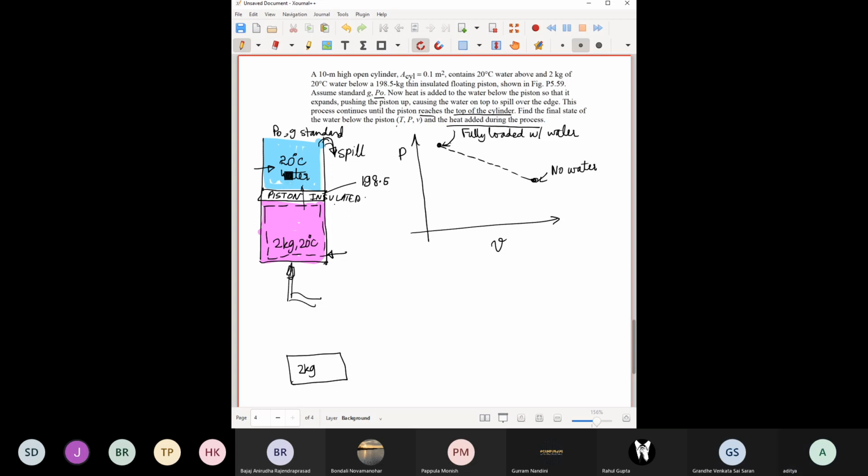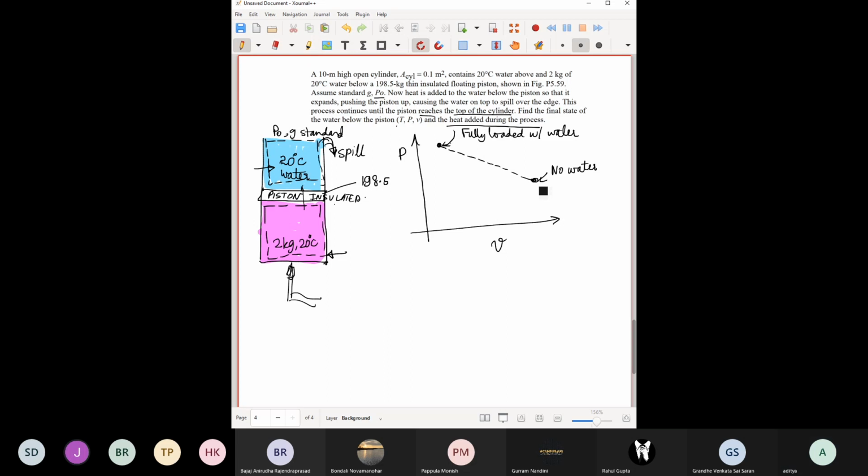Before we do that, let us see whether we know the final state or not. What do we know about the final state?